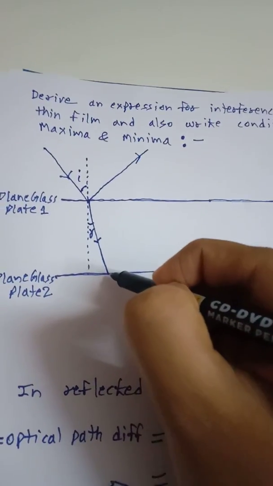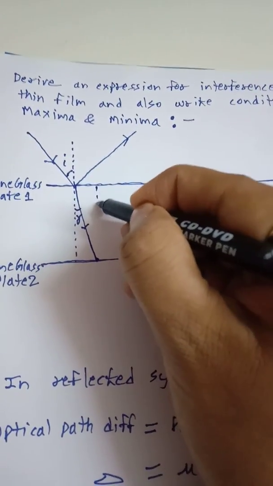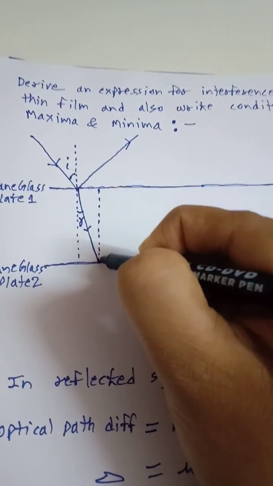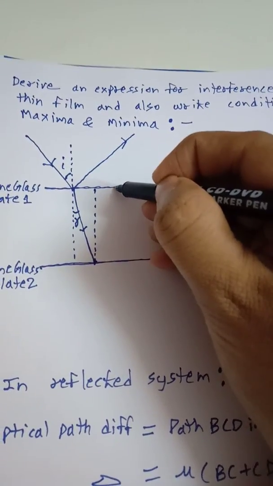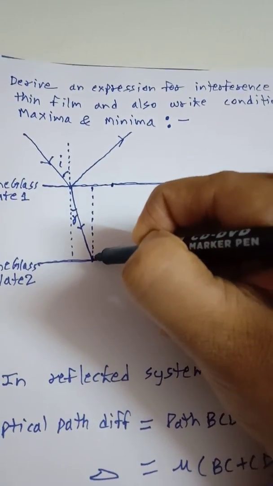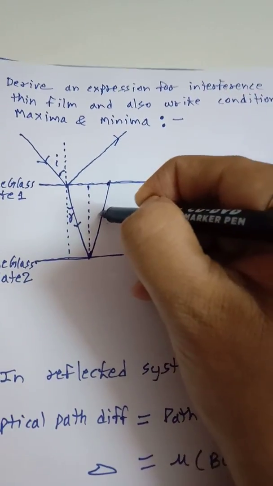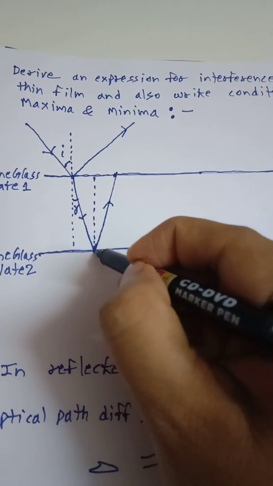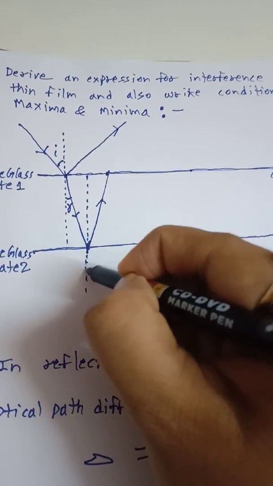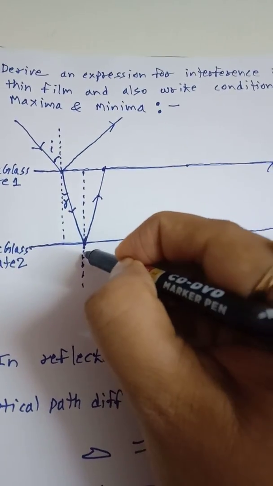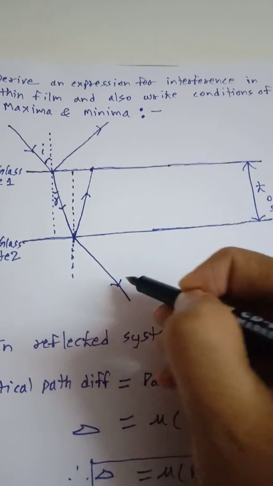Further, once it is incident here, the normals are drawn. From here also there will be a reflection of rays. So reflection takes place within this, and there will be a refraction or transmission away from the normal. Okay, so this is what.